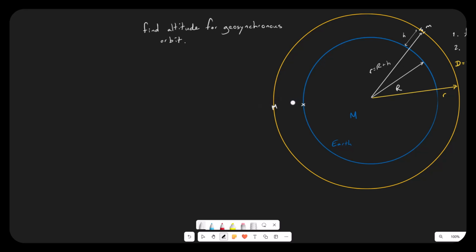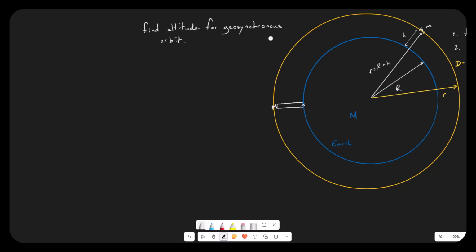Because you know where that satellite's going to be at any given time. You can almost think of this as, if we had a really tall tower on the Earth, the satellite would just sit on top of that. So when the Earth makes one full rotation, the satellite has made one full rotation. It's always directly above that spot.